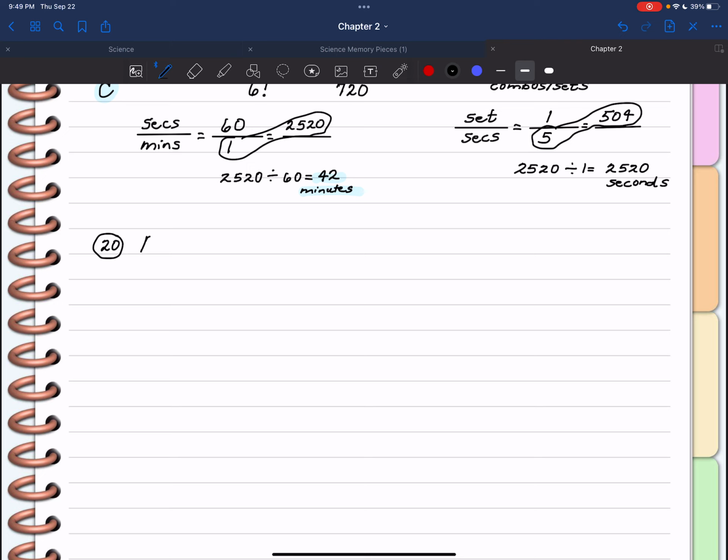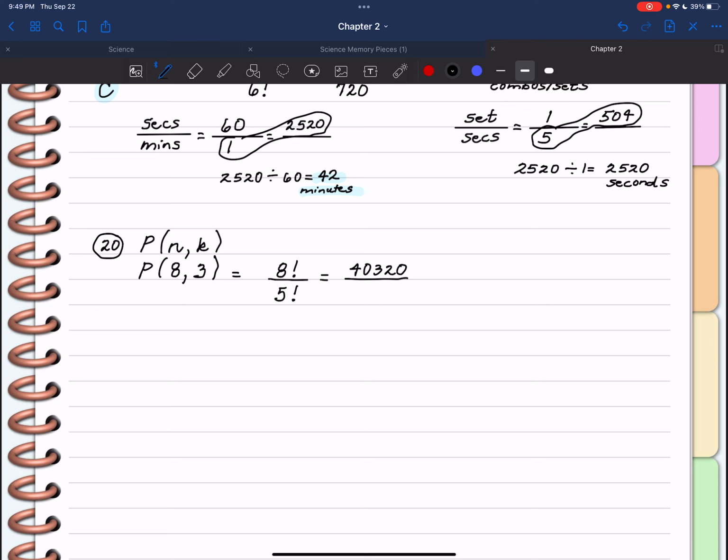Okay, so we're looking at a permutation here where we have the number of actors and the number of roles. So the number of actors are 8, and we're going to cast 3. So this will be 8 factorial over 8 minus 3. That's 5 factorial, which is going to be 8 factorial, 40,320.